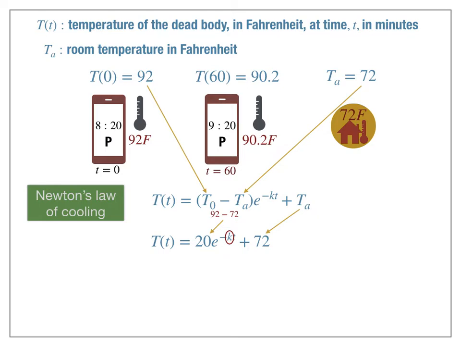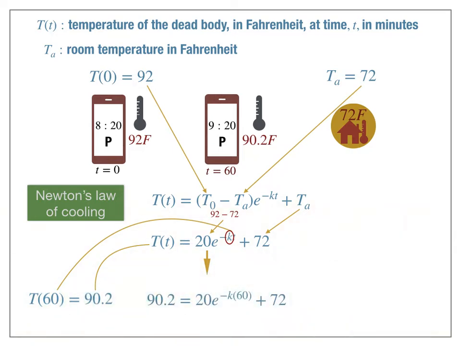So Alex uses the second data point to figure out this constant k, where she plugs 60 in for the time and 90.2 for the temperature to get another equation. And this equation only has one unknown variable, k, which can be solved.